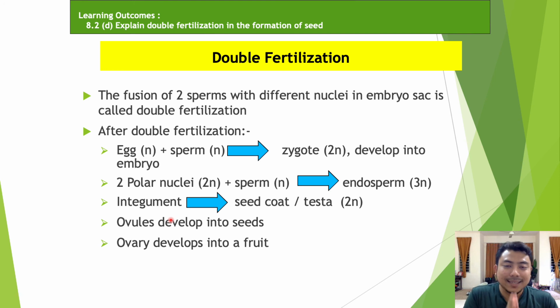So technically speaking, if you're imagining an apple, what you are eating is a developed ovary. So let's say you cut an apple in half, then you can see the seeds. There are two of them, sometimes there are four of them. So the seeds come from the ovules.